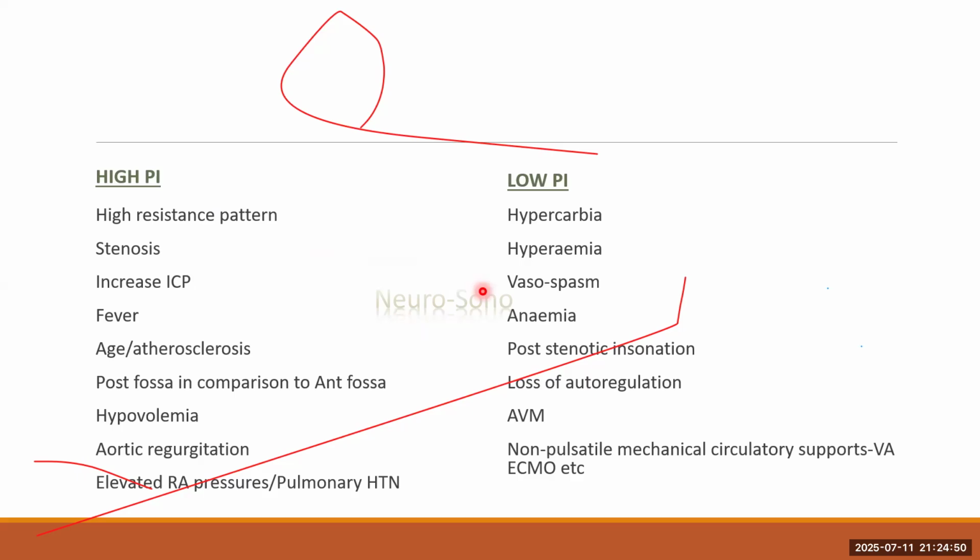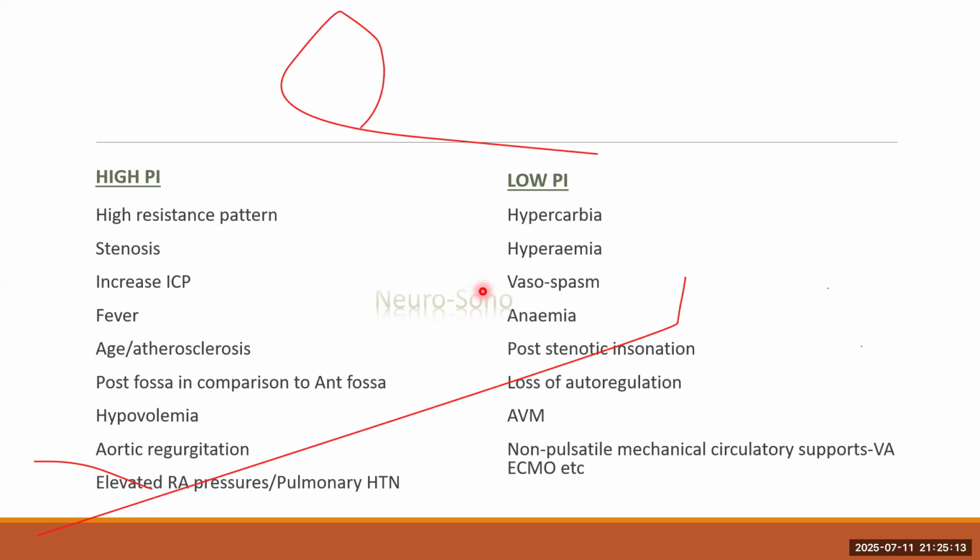For the pulsatility index to be increased, the end diastolic velocity should be decreased, so the numerator increases and the PI can be high.